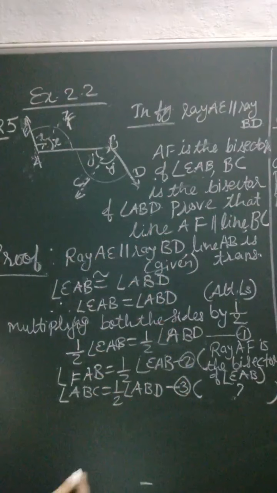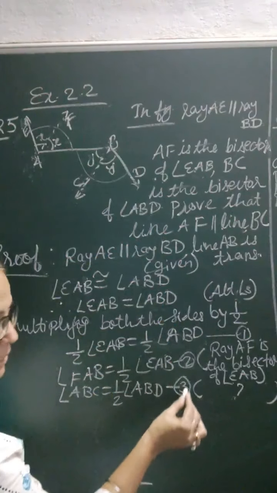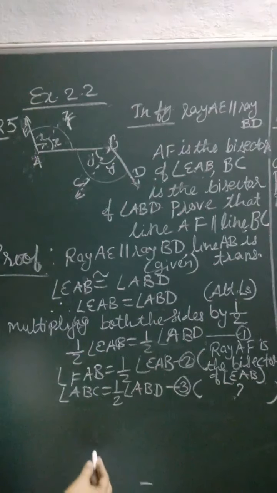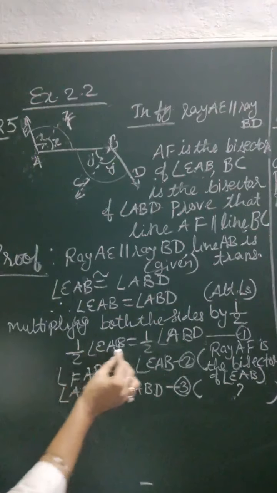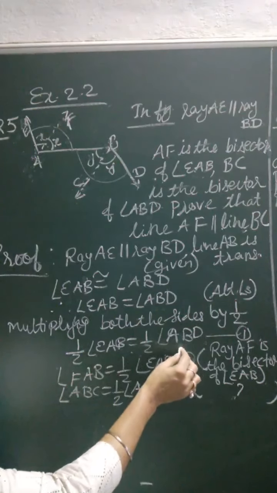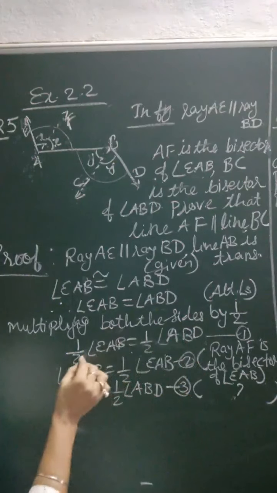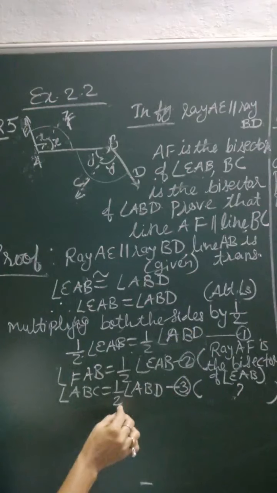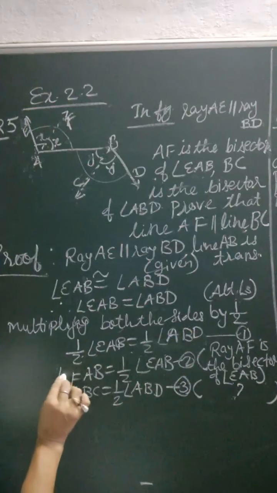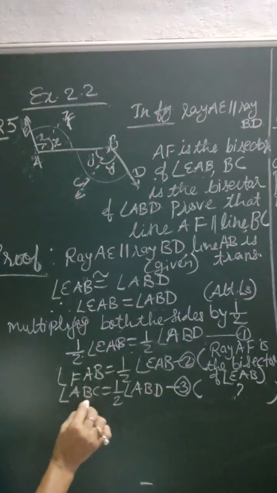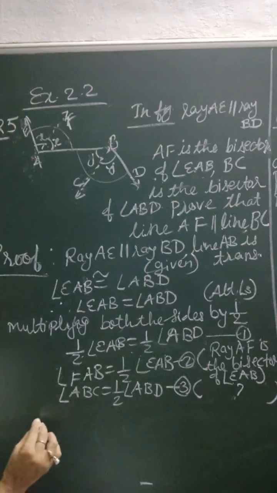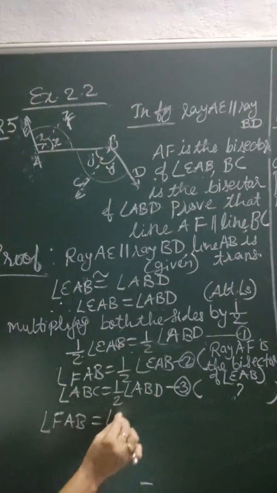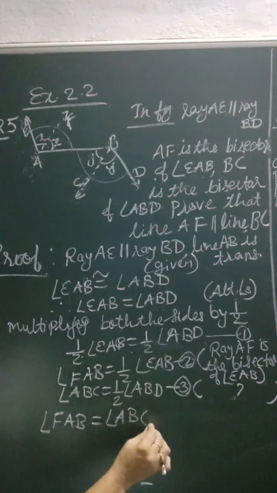Now from 1, 2 and 3, what are you getting? Study this 1, 2 and 3 carefully. We have half of EAB is equal to half of ABD. So this half of EAB cancelled, and half of ABD also cancelled. So what is left now? Angle FAB is equal to angle ABC.